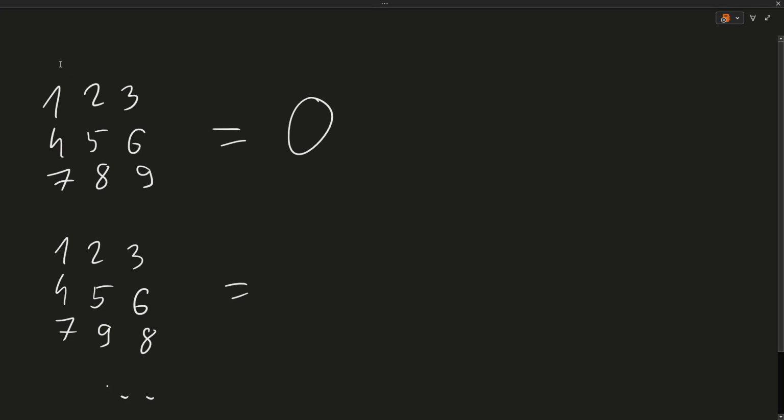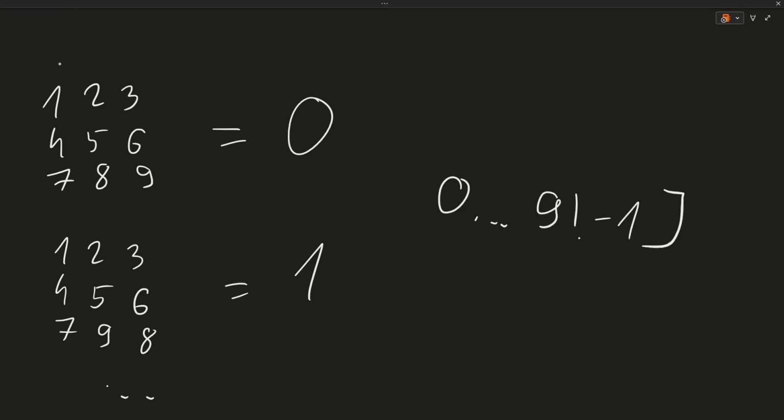Every permutation can be mapped into a number from 0 to 9 factorial minus 1. And there are different ways to approach it. You can create a map from vector to int.